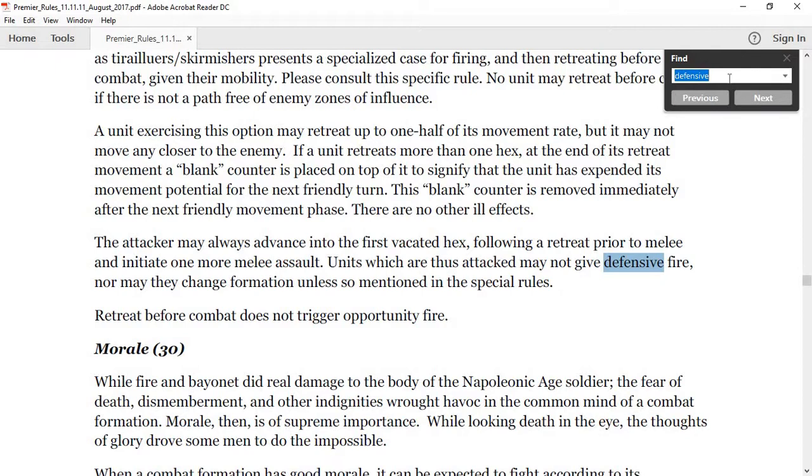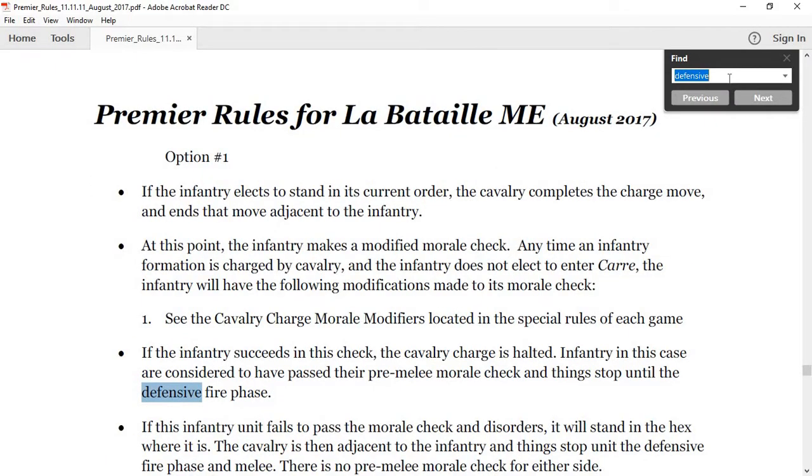This is in relation to the attacker. May always advance into the first vacated hex following a retreat prior to melee and initiate 1 more melee assault. If the infantry succeeds in this check, the cavalry charge is halted.